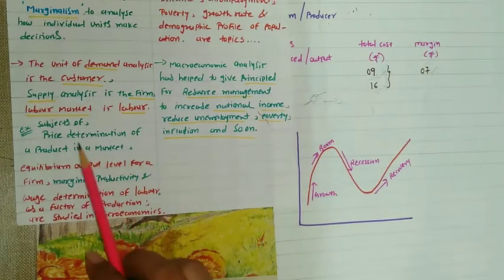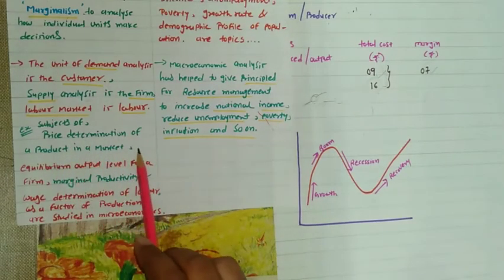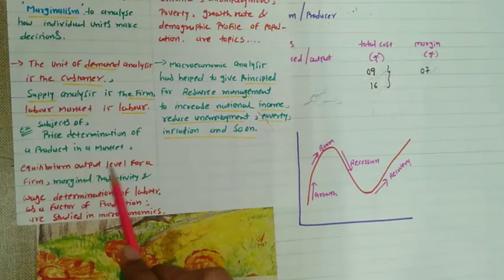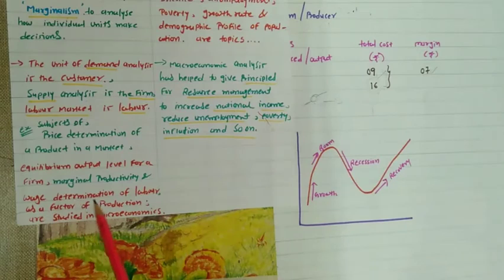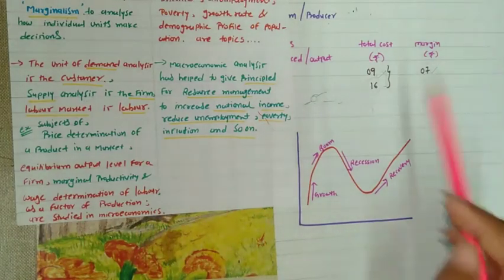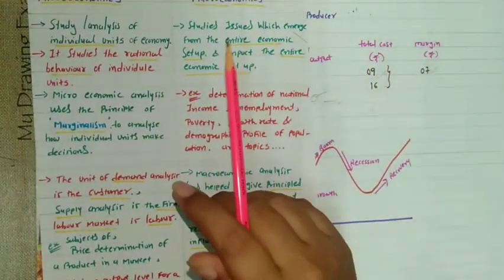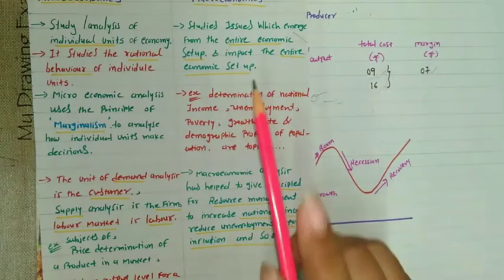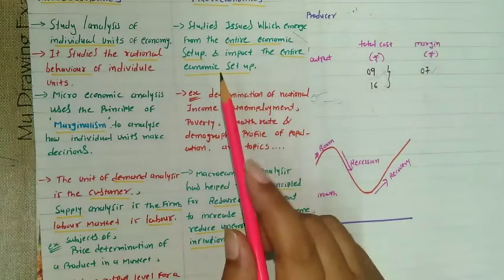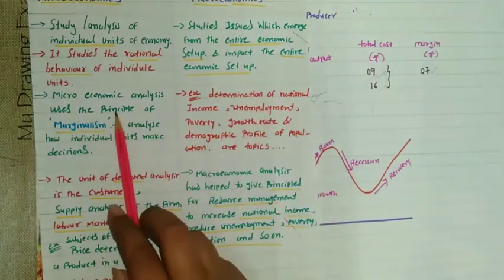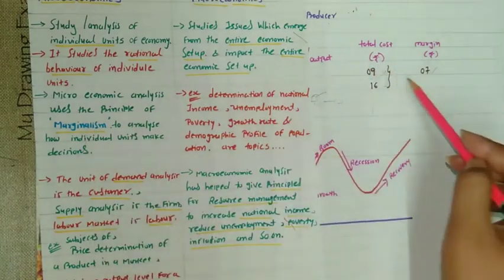Subjects like price determination of a product in a market, equilibrium output level for a firm, marginal productivity, and wage determination of labor as a factor of production are studied in microeconomics. So microeconomics studies or analyzes only individual units, and it uses the principle of marginalism.